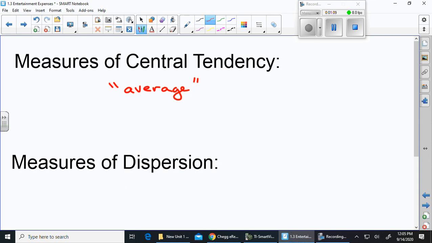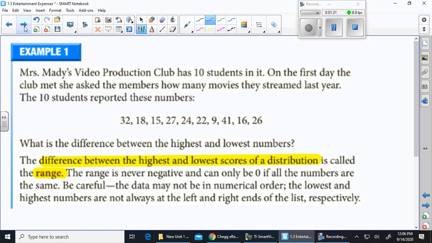Measures of dispersion, which we talked about mainly yesterday, is spread. How spread out is a set of data? So the first thing we talked about is range. Range is the one that you guys really know.